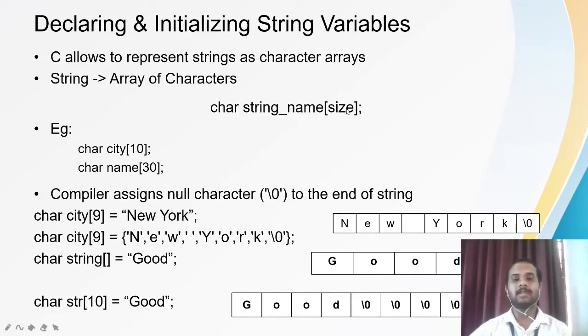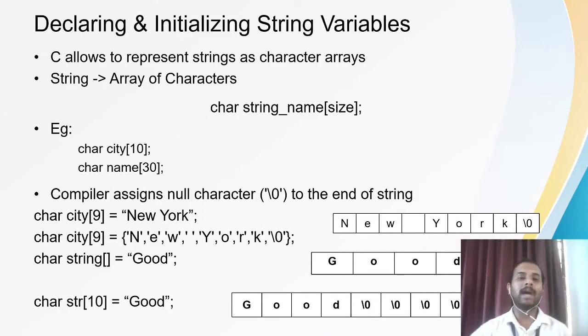As I already mentioned, in a one dimensional array, when you are trying to store characters, the end of the string is always noted by the null character. So this is the example, char city[10] and char name[30]. The name array will be created with 30 blocks, and the city array will be created with 10 blocks.